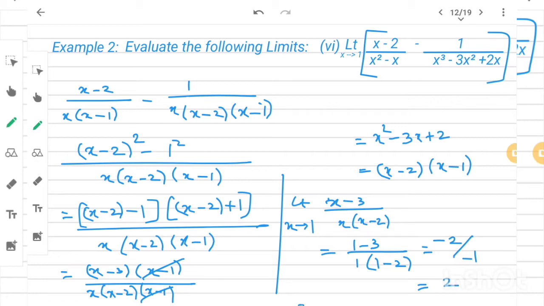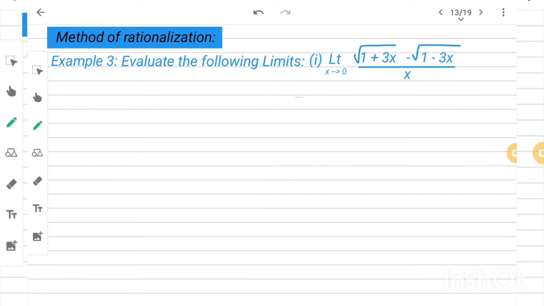Okay, fine. And next, the method of rationalization, and this is the third type, right? Why are we using rationalization? In the numerator we are having the root term, so to remove the root we have the option to rationalize, right? That's the thing I'm going to do.